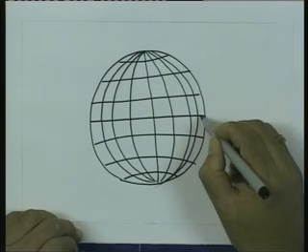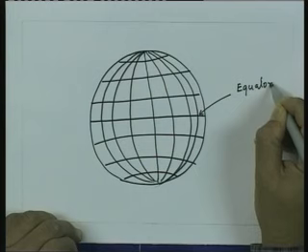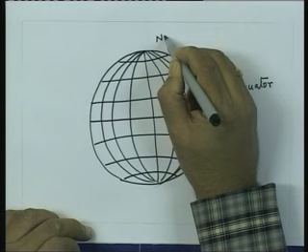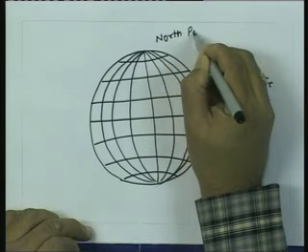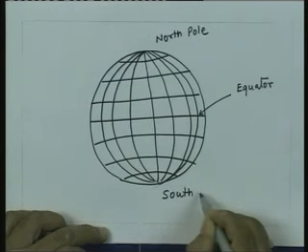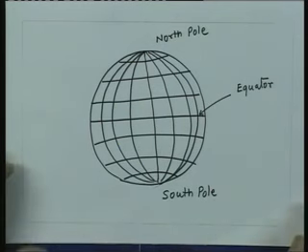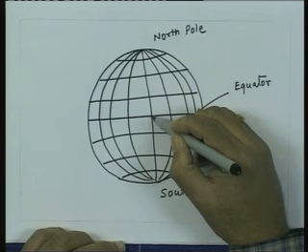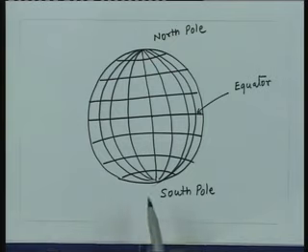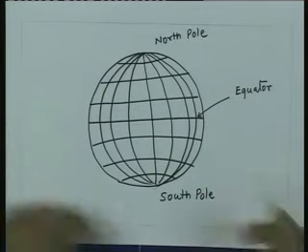This is the equator of the sphere, and these are the poles of the sphere. So, we call this our globe. This is my north pole, this is the south pole. And let us say I have this point here which is the reference point on the equator, from which I measure all my longitudes, and the angle in the vertical direction is measured in terms of latitude.